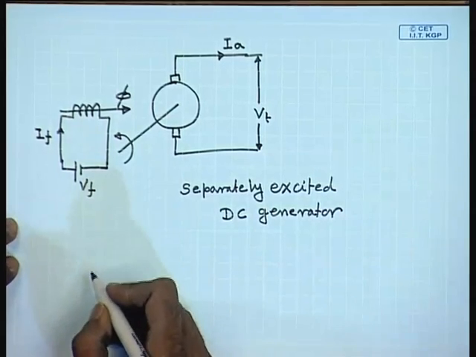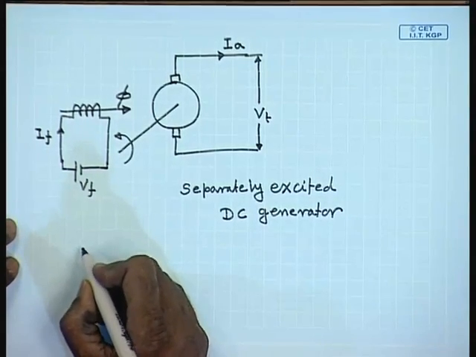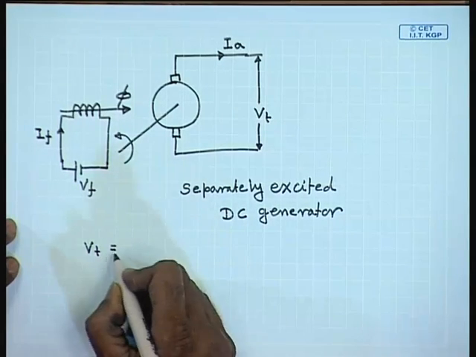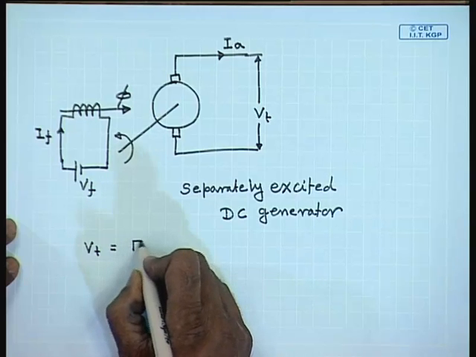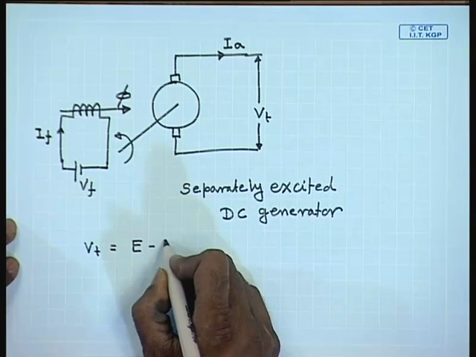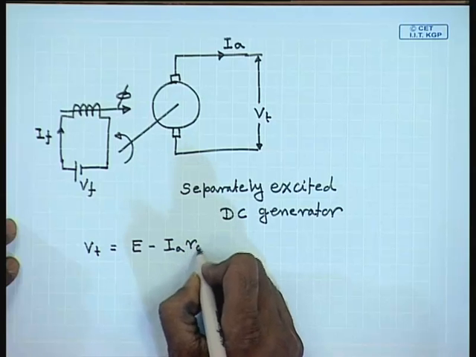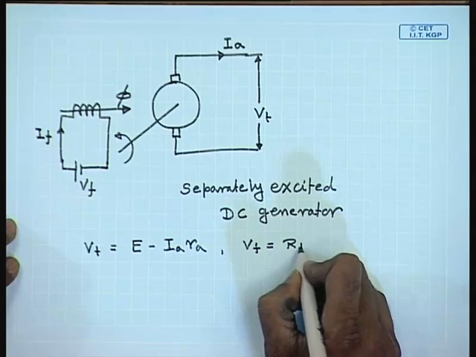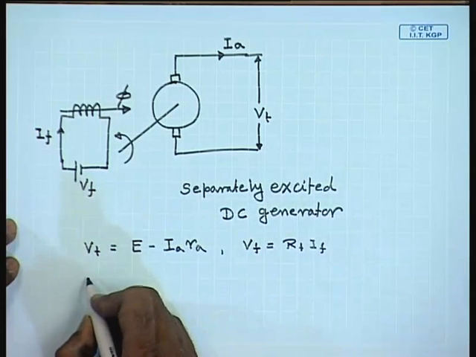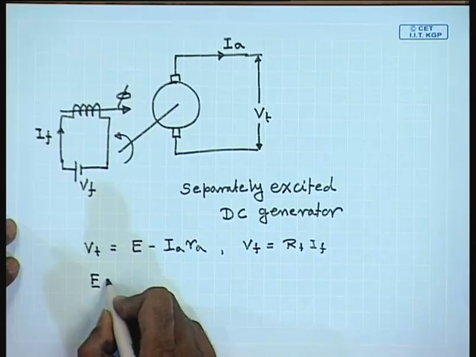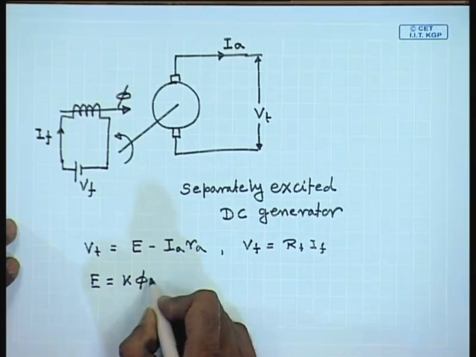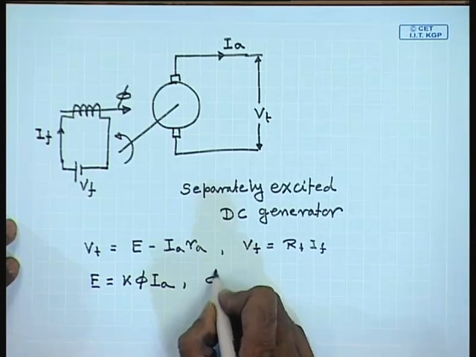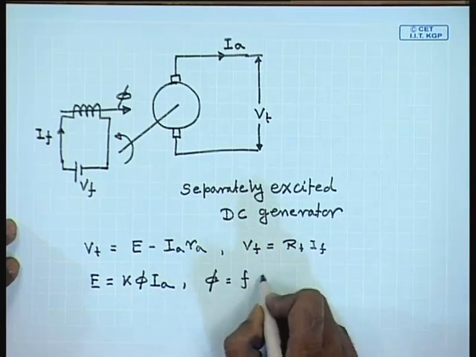For this separately excited DC generator, we can write the terminal voltage V t equal to induced voltage E minus I A R A, and applied field voltage V f equal to R f I f, E equal to K phi omega, I A, and phi is some nonlinear function of I f.